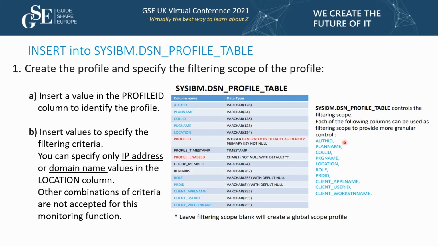And in any case, we can filter our workload using one of the columns or more than one column, the combination of the columns colored in blue here. So we can filter our workload by authorization ID, plan name, collection, package name, and so on. So this is the profile table. The first step: insert a row in the profile table.